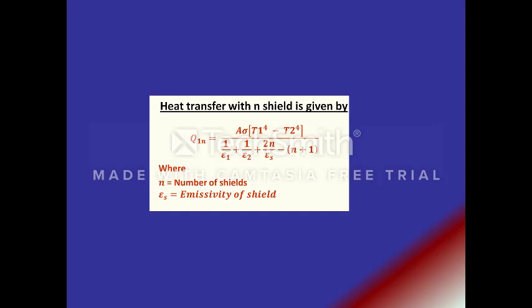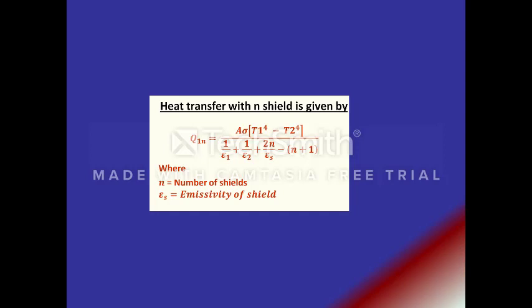Q is equal to A into sigma into T1 power 4 minus T2 power 4 divided by 1 by epsilon 1 plus 1 by epsilon 2 plus 2 times n divided by epsilon s minus n plus 1, where n is the number of shields, 1 or 2 or 3 or 4, epsilon 1 is the emissivity of the first surface, epsilon 2 is the emissivity of the second surface, while epsilon s is the emissivity of the radiation shield.